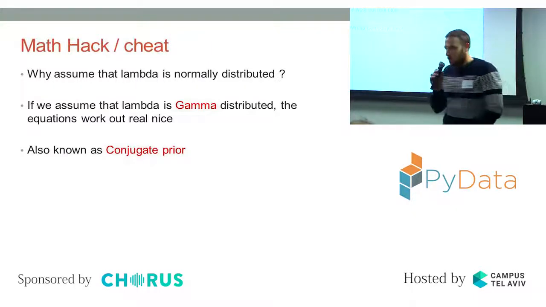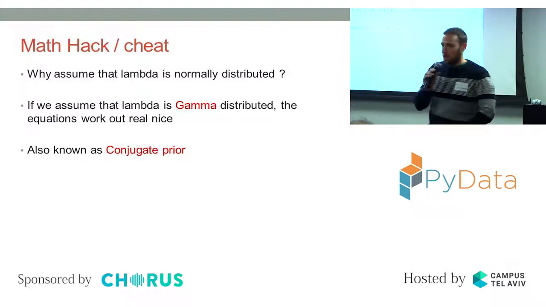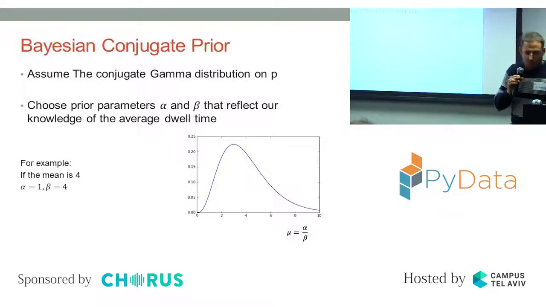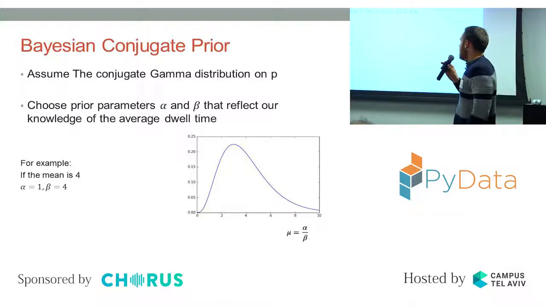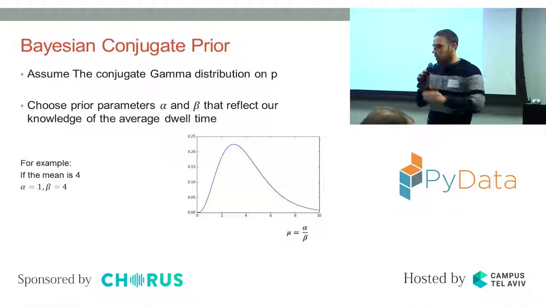If the formulas work out, and this is not a formal definition by any means, then we call the distribution a conjugate prior. Given gamma that has 2 parameters, alpha and beta, I choose alpha and beta that have the mean that I want, for example, a fourth.